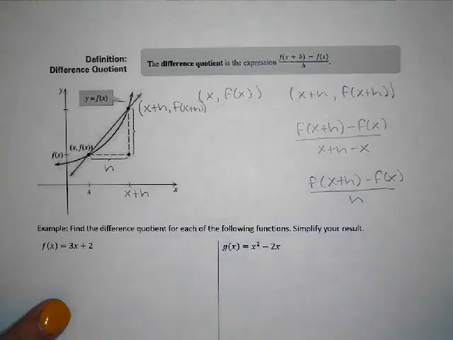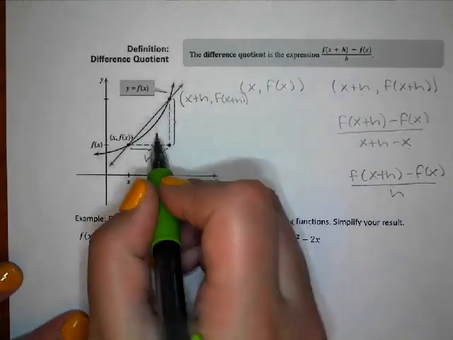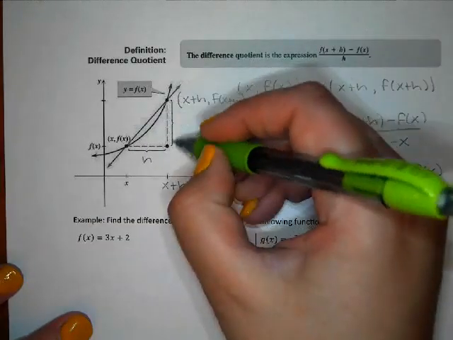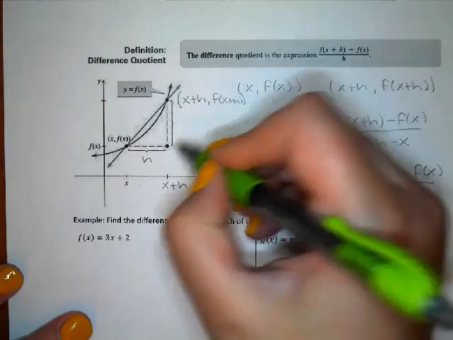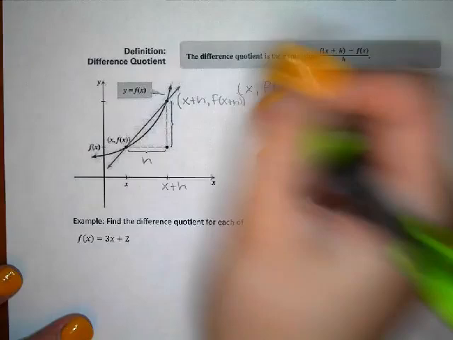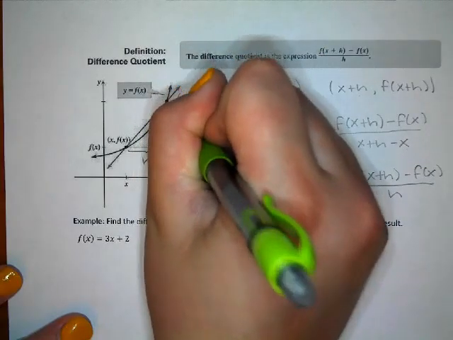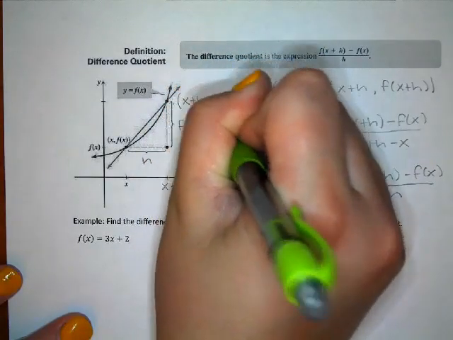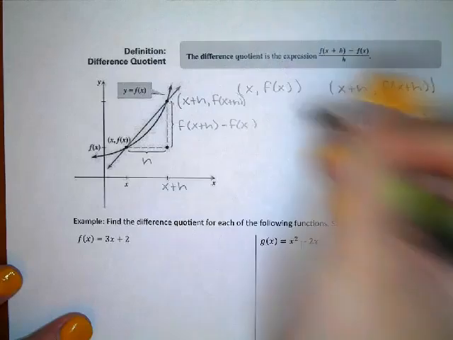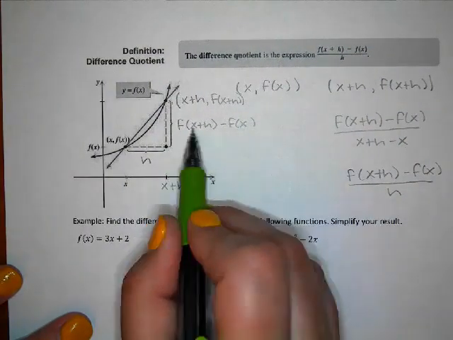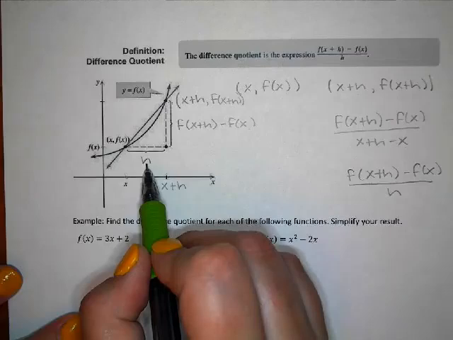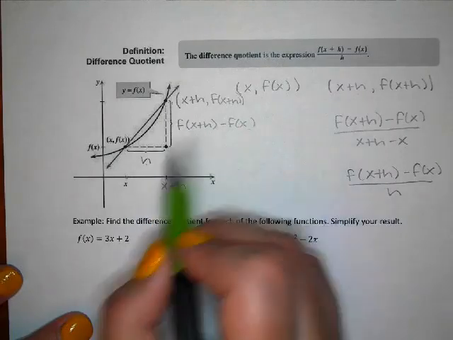So here we know that the difference between this y-coordinate f of x plus h and this y-coordinate f of x, the difference between those would be f of x plus h minus f of x. So if you did rise over run, this would be your rise, this would be your run, or this would be your change in y's divided by your change in x.